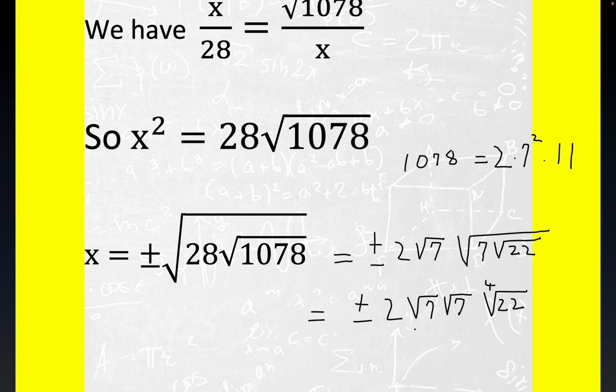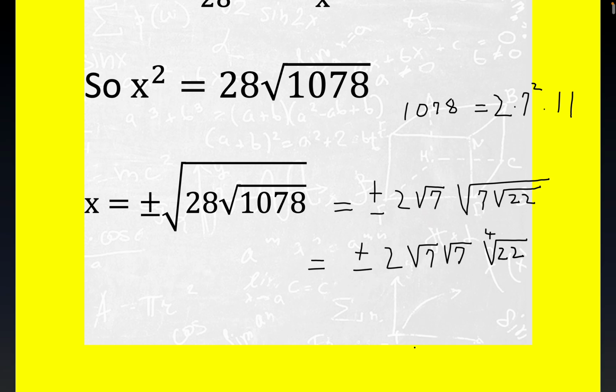A lot of people don't understand this type of notation, so they want to use rational exponents all the time. But anyway, this would be equal to plus or minus 14 times the 4th root of 22.